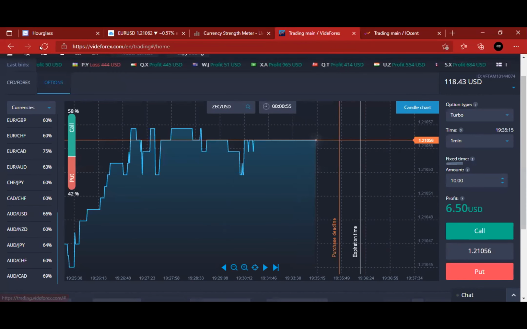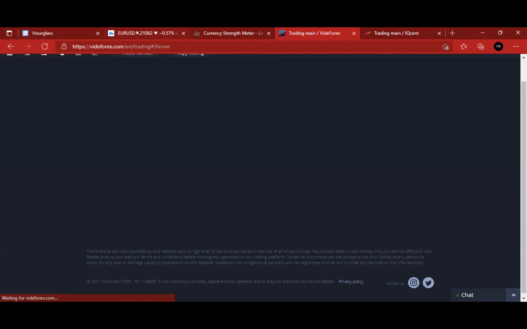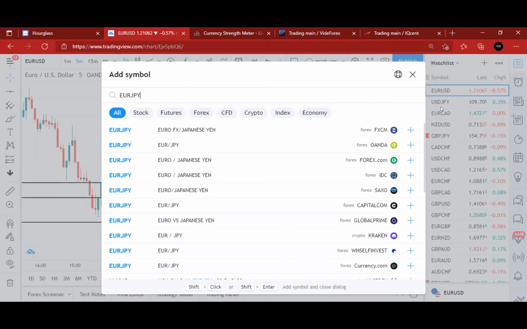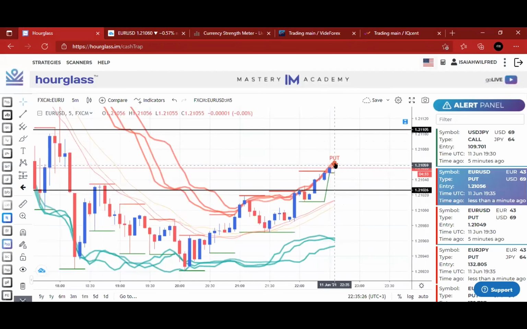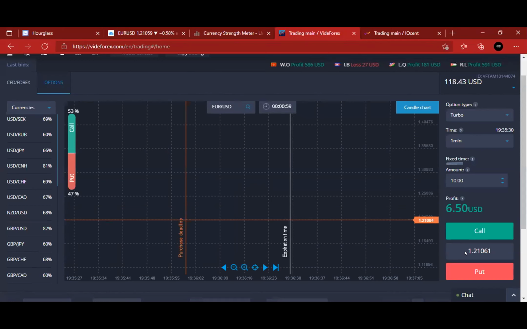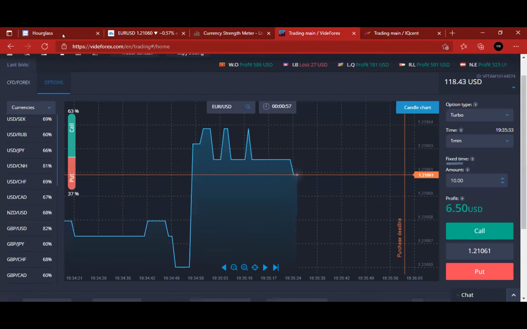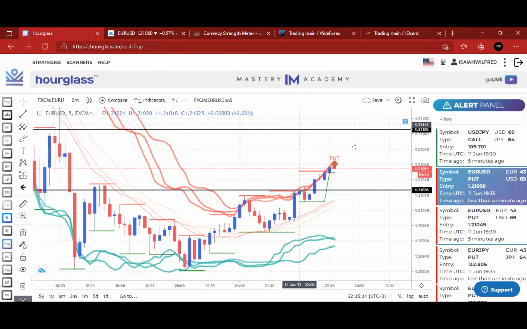Wait, let me refresh. It's actually 0.62 on the broker, and on Hourglass it is 0.55. Let me check again. It's currently 0.61, but on Hourglass it is 0.54. So you see that the prices do not correlate.